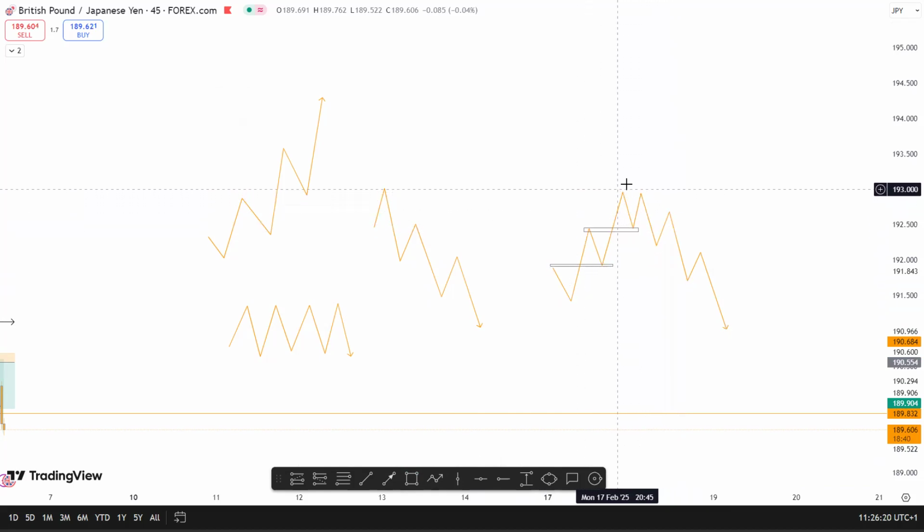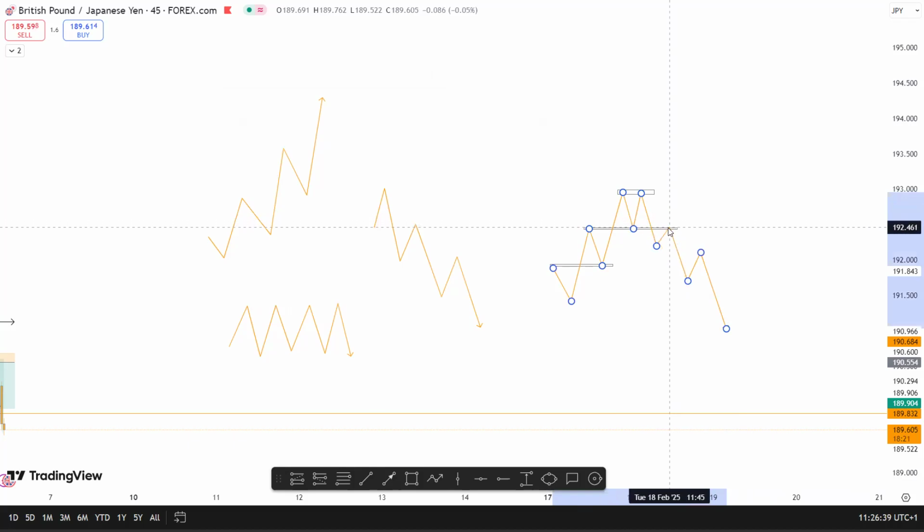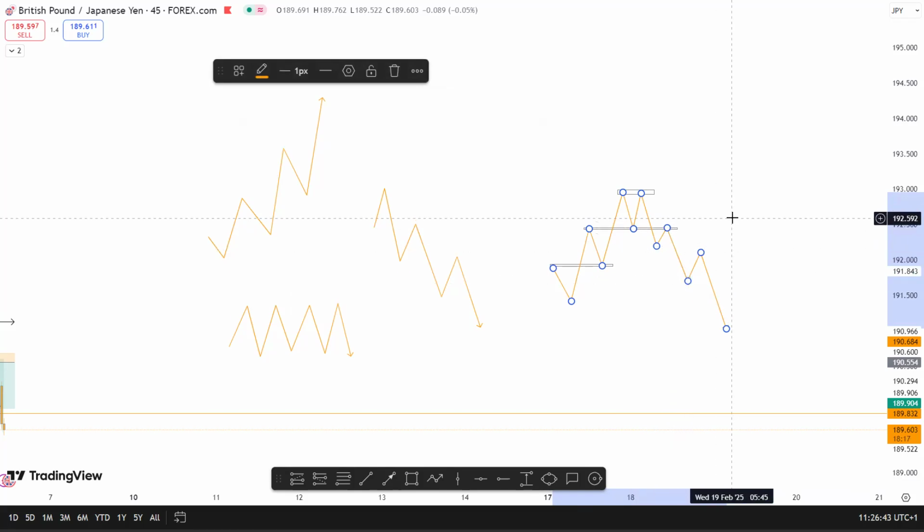Market failed to break this high, turning this high into another resistance, whereby price can no longer go above that high. Then we can say that the market has shifted from an uptrend to a downtrend. Then markets can use this zone again to start selling.